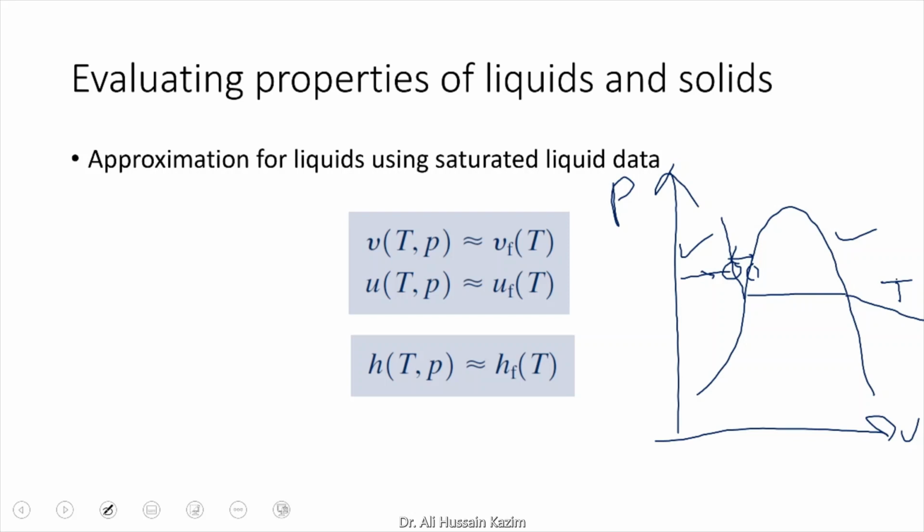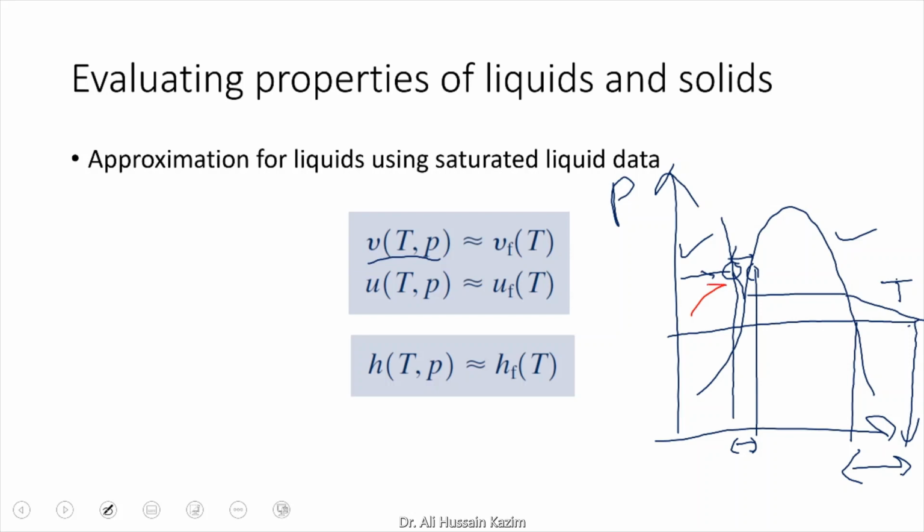So on this line, for the same pressure, the specific volume changes very little. However, in the superheated region, for the same pressure, the specific volume changes a lot. So water in liquid state is incompressible. The properties of it change very little. So if you want to know the specific volume of water, its volume over here is approximately equal to that of the saturated liquid.